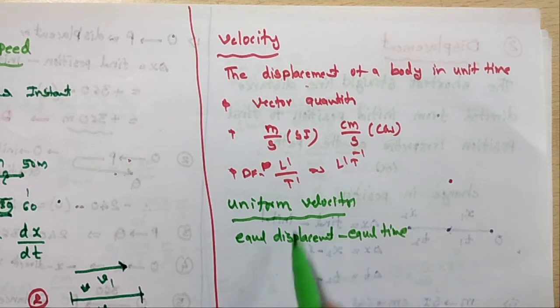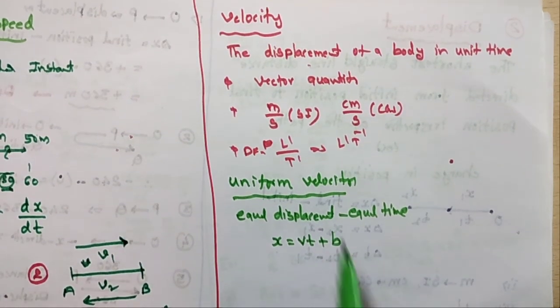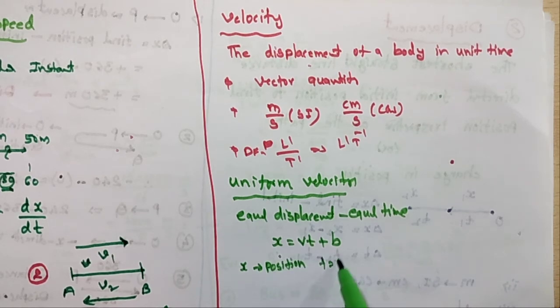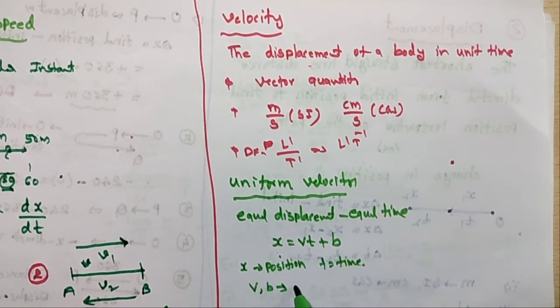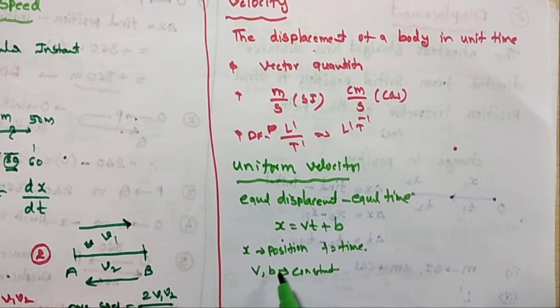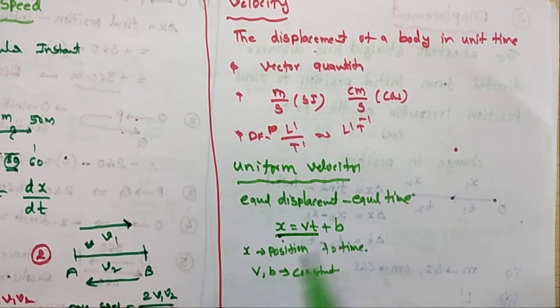Suppose I take one formula, x is equal to vt plus b, for example. Where x is the position coordinate of the particle, t is time, and v and b are some constants. So in this equation the position is a linear function of time, hence the position-time graph.